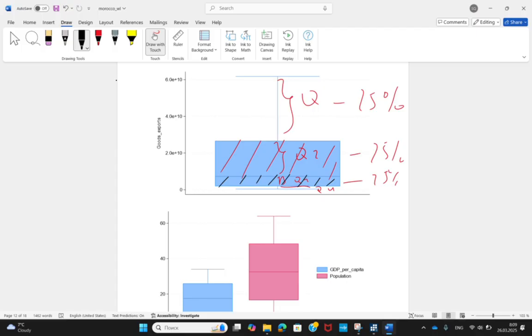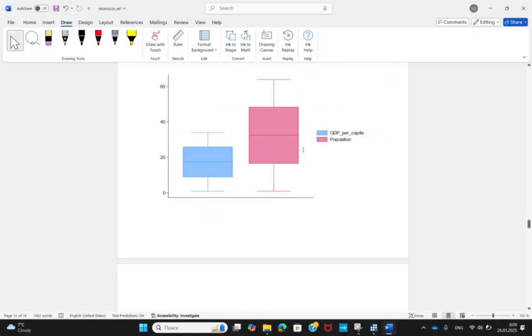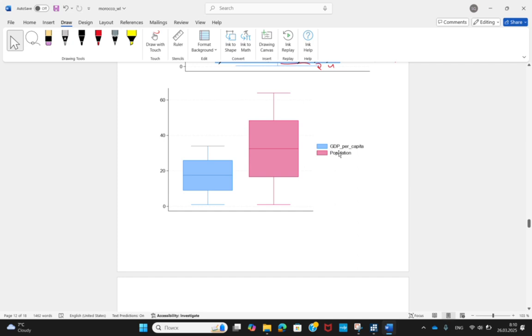It may not look similar, but they are distributed similarly. And here, GDP per capita, the histogram of GDP per capita and population.